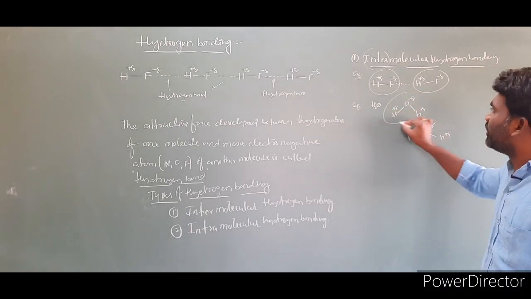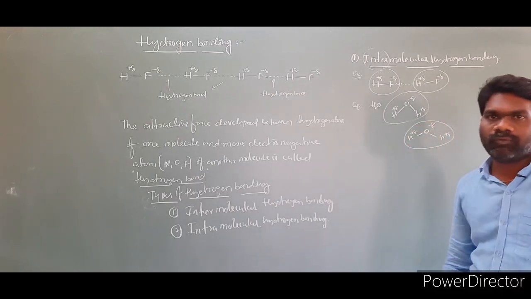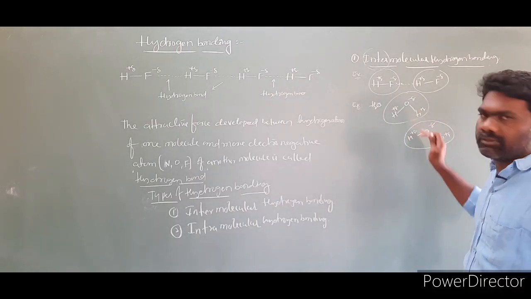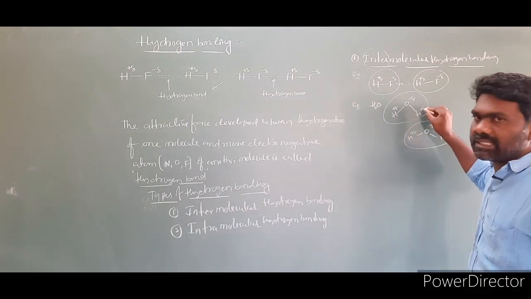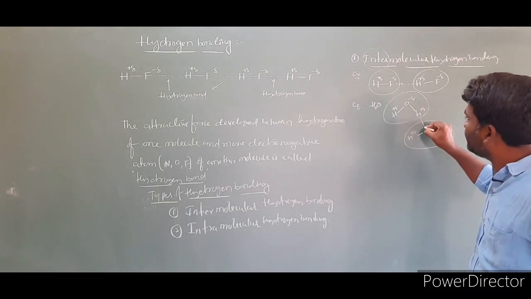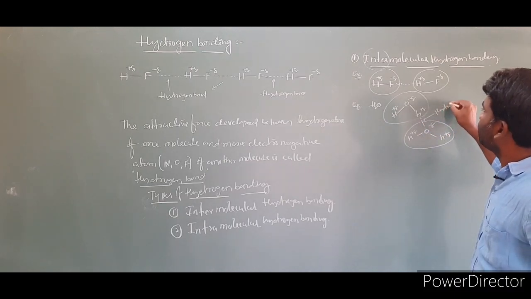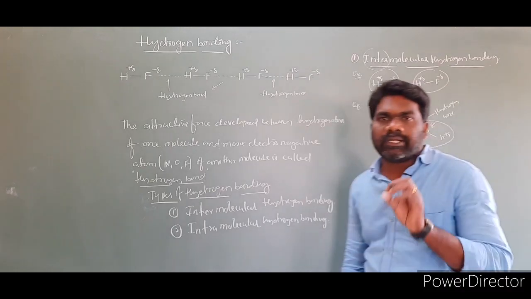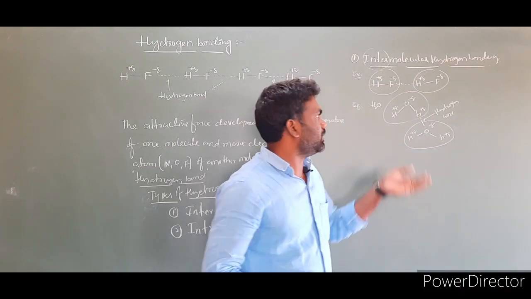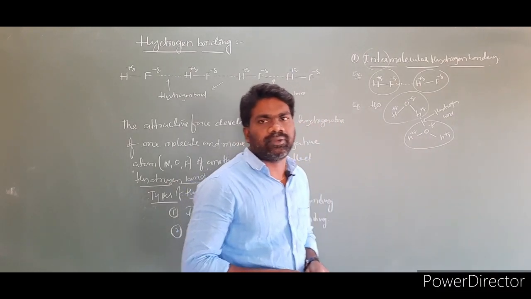So this is one water molecule and this is another water molecule. Both are different molecules. In between them a hydrogen bond is developed. This one is a hydrogen bond. So the hydrogen bond that develops between the molecules is called intermolecular hydrogen bonding.